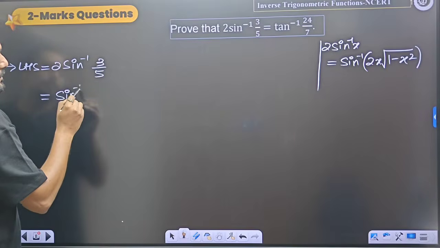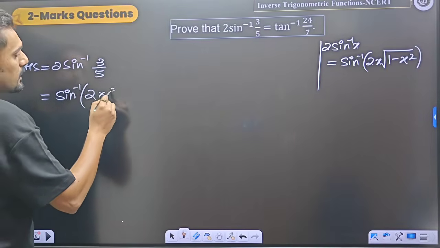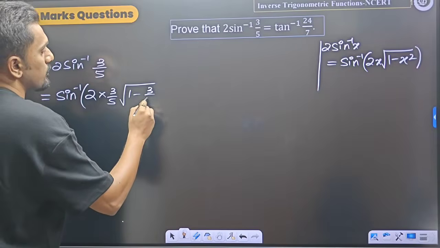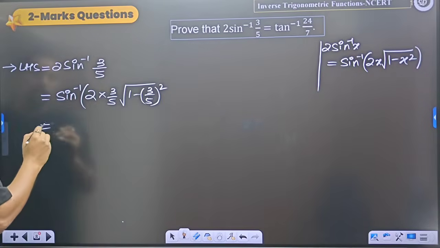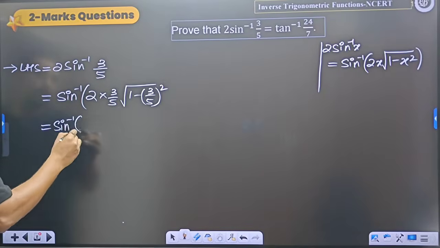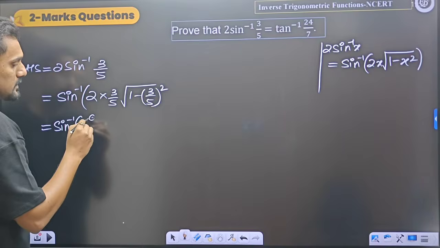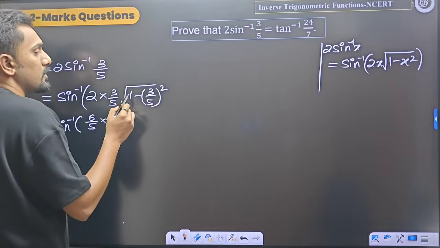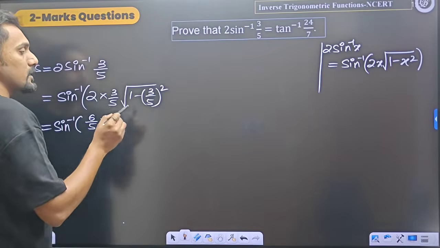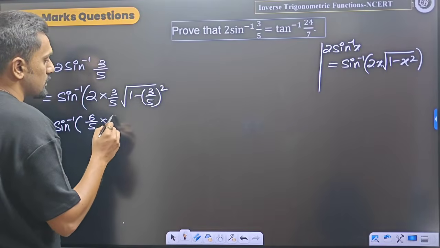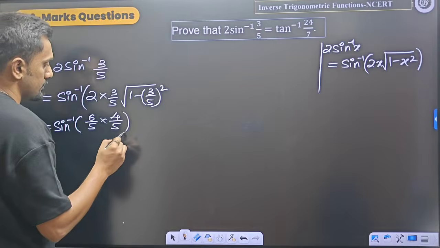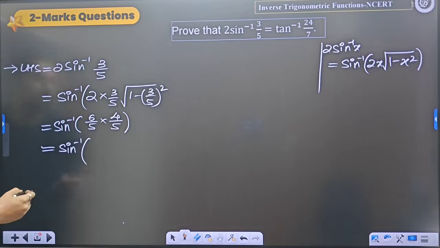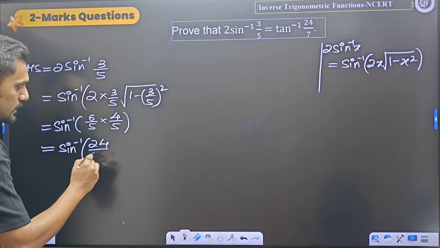Sine inverse of 2 into 3 by 5 under the root of 1 minus 3 by 5 square, which is equals to sine inverse of 2 into 3 by 5 is 6 by 5 multiplied by, this becomes 9 by 25, 25 minus 9 is 16, 16 by 25 under the root is nothing but 4 divided by 5, which is equals to sine inverse of 6 multiplied by 4 is 24, 5 into 5 is 25.